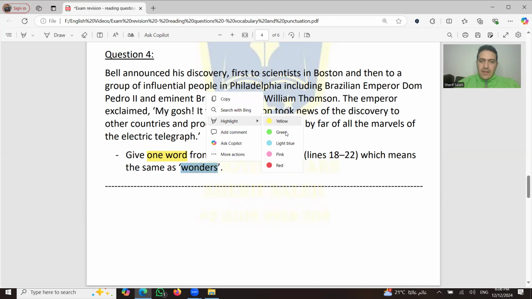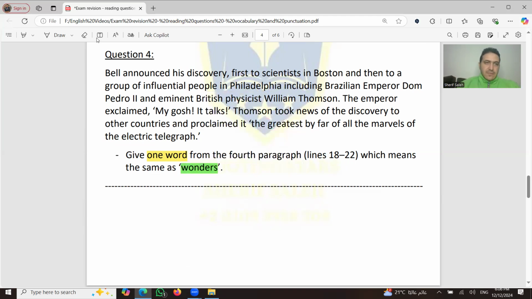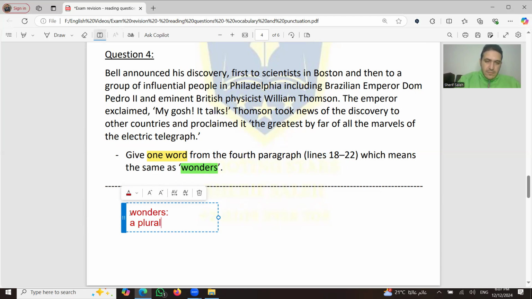Okay, wonders can be one of two things. We have two types of words in English that end in S. Wonders can be one of two things. It could be a plural noun, or it can be a verb in the present simple.